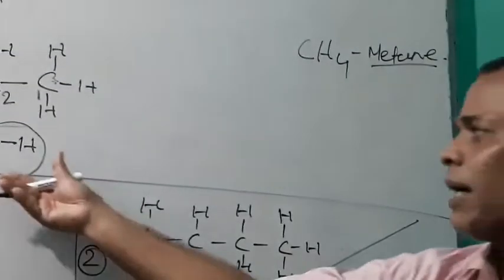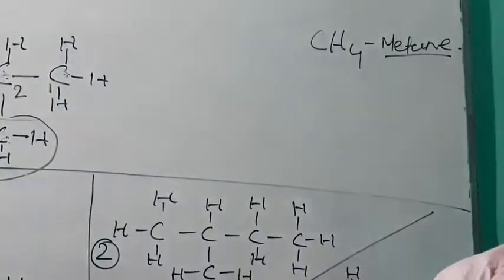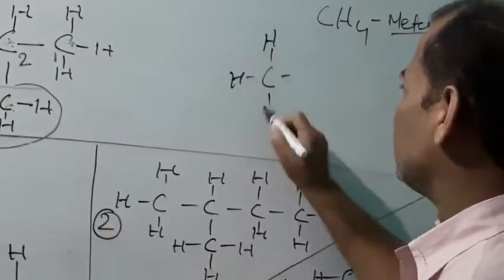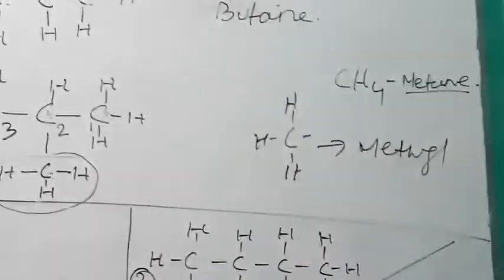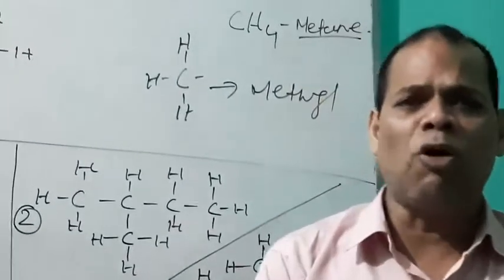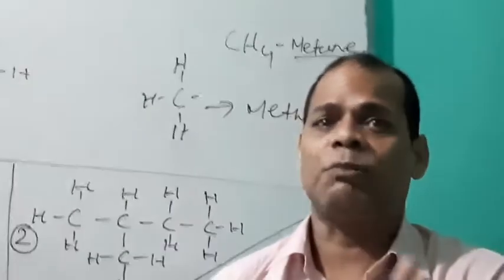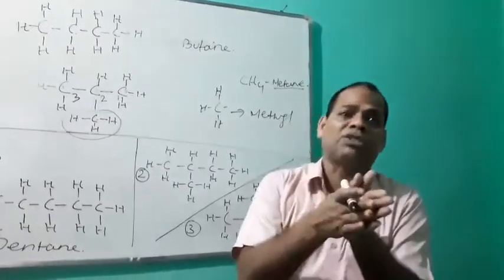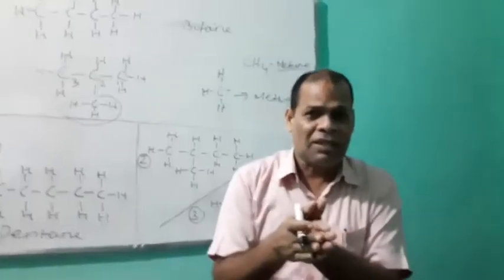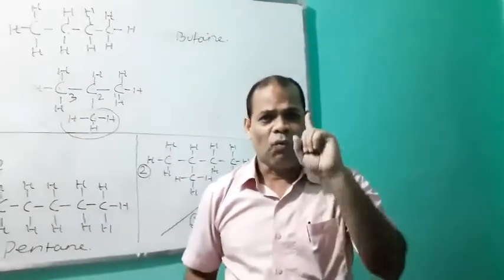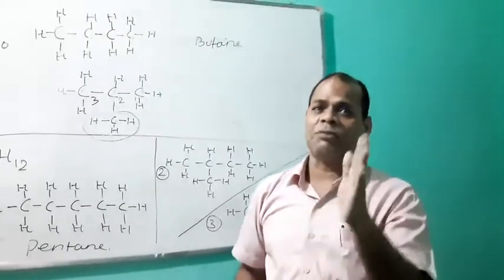So when you remove one hydrogen from methane, then CH3 is called methyl.